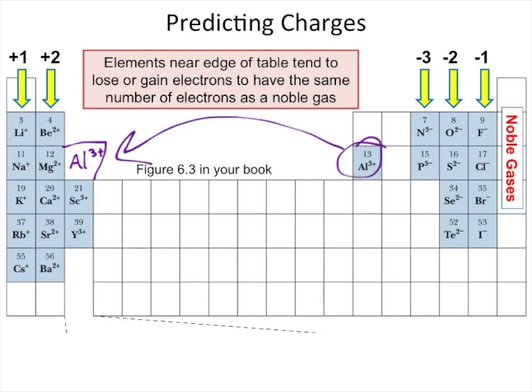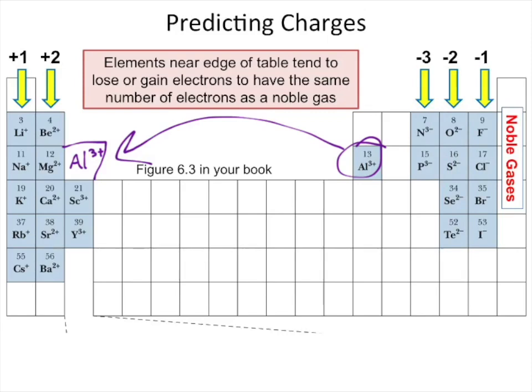Now on the other side of the periodic table, fluorine will gain an electron to reach the electron configuration of a noble gas, and so will the rest of the halogens over here. The next group over with oxygen in it will gain 2 electrons to reach the electron configuration of a noble gas, and then nitrogen and phosphorus will gain 3 electrons.